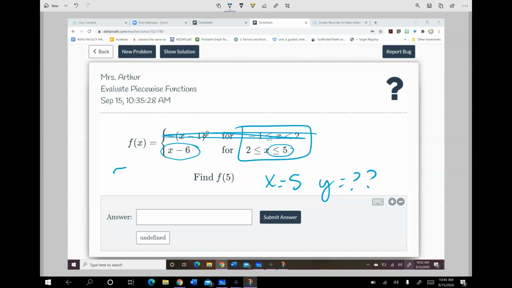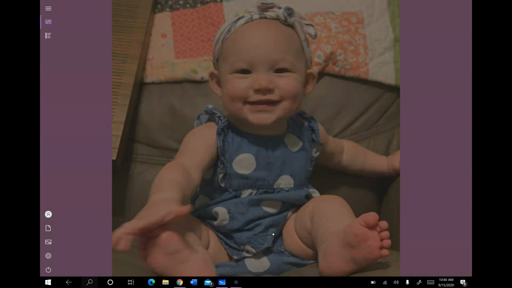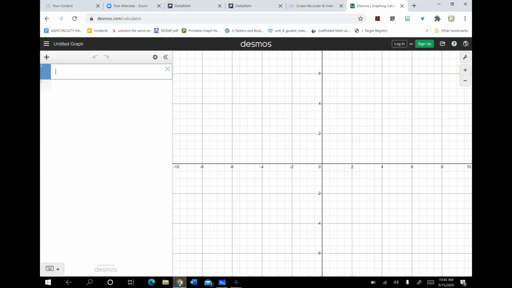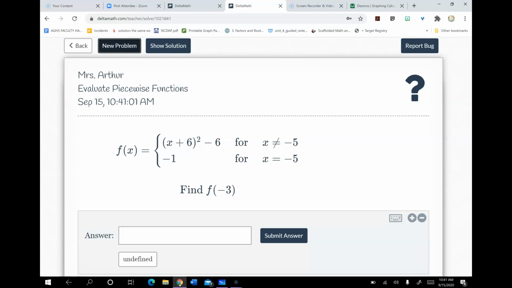So I'm going to say 5 minus 6, which is -1, which is my answer. I want to do another one that I'm plugging into. I didn't really need Desmos, did I? All right, let's do this one.